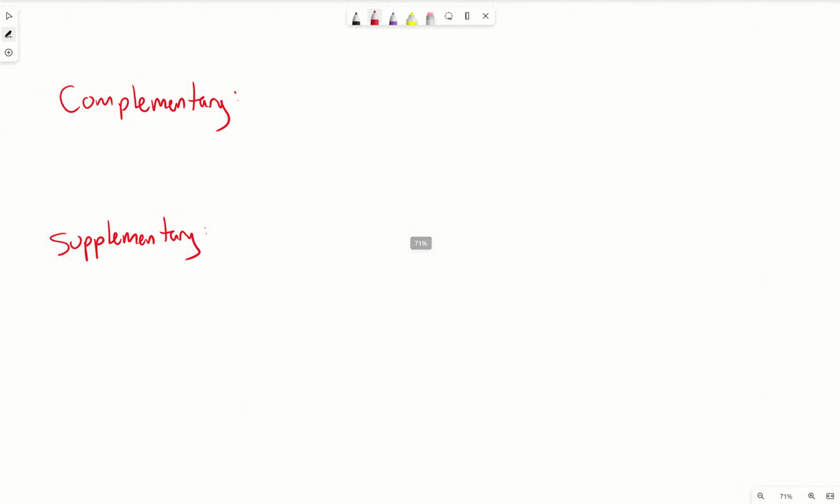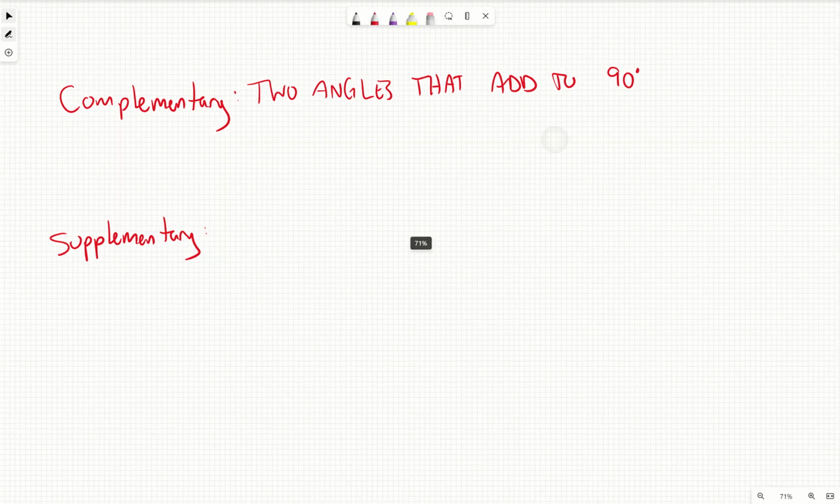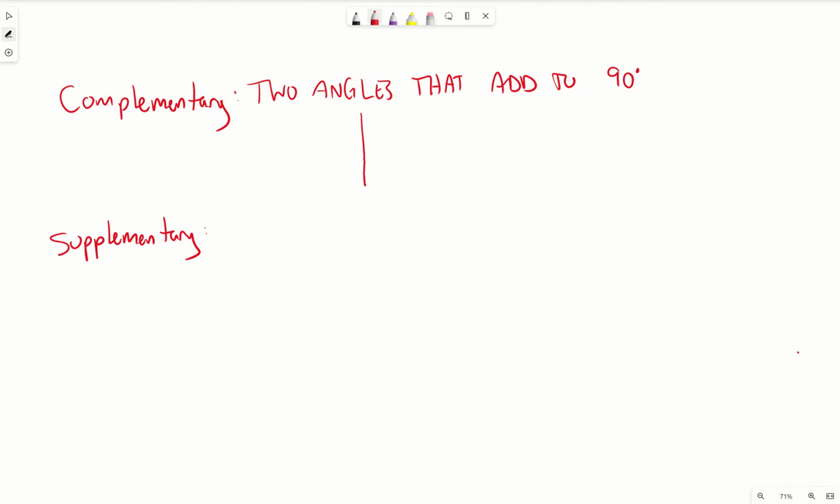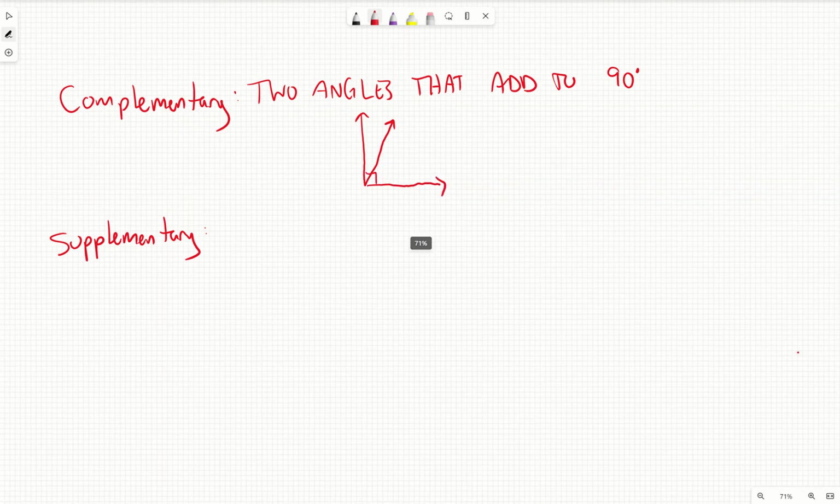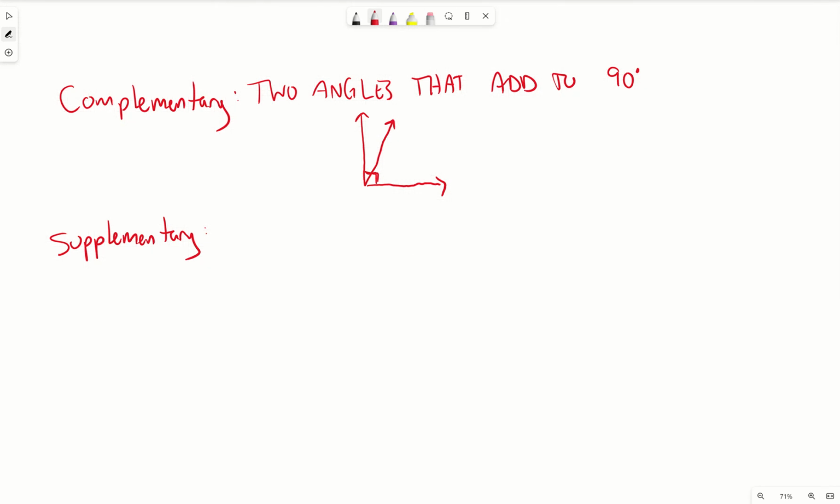Now, complementary angles are two angles that add to 90 degrees. If you have two angles and they make a right angle, those would be complementary angles. Like here, if this was an angle, and then if I also had an angle right here, as long as the whole thing is a right angle, these two angles are complementary.